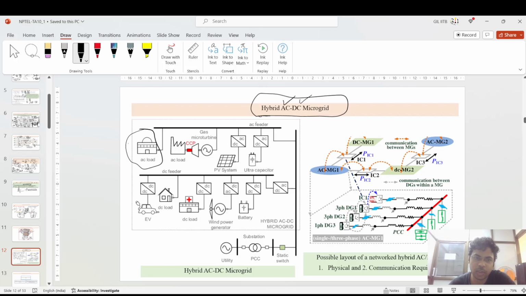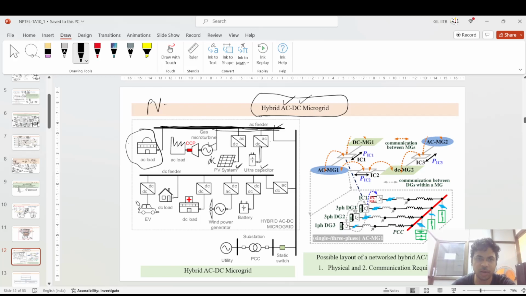Here there is an AC load, some AC generating sources such as a micro turbine, and a PV system, which is DC but is connected to the AC feeder. So you have to convert the DC power of the PV generation to AC for connecting to this AC feeder. Same with the ultra capacitor: to give its power from DC to AC, you have to connect it to the AC feeder.